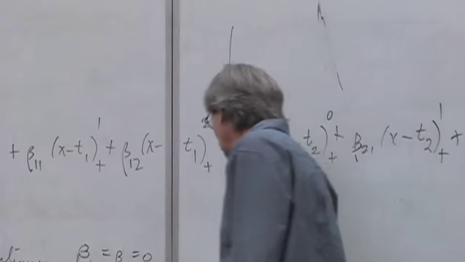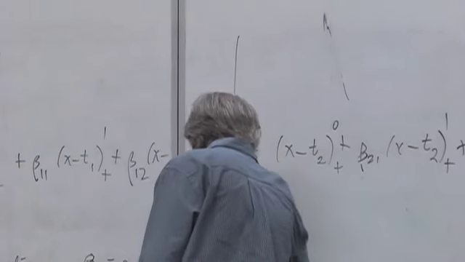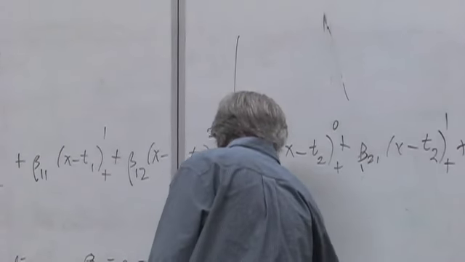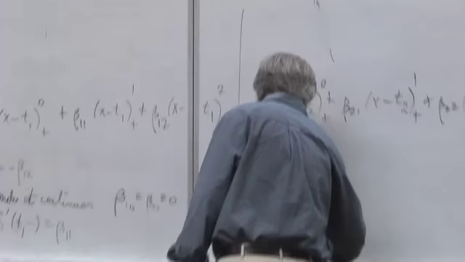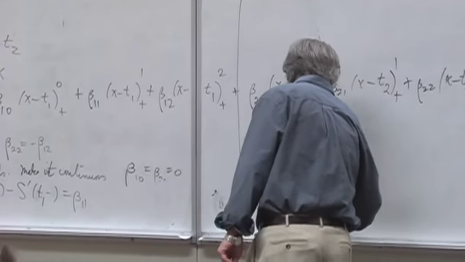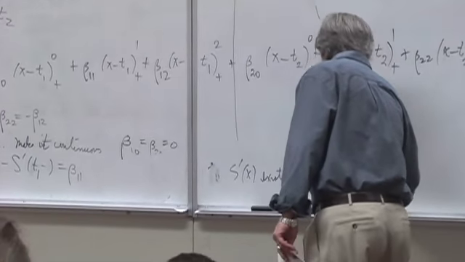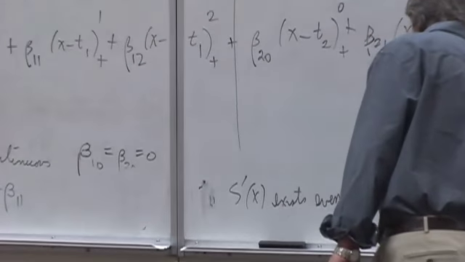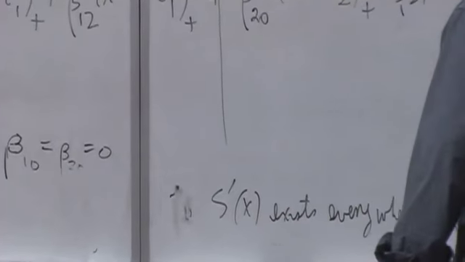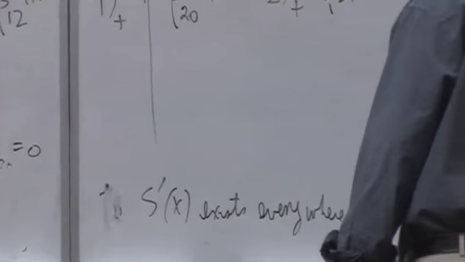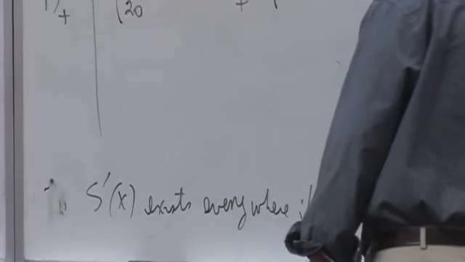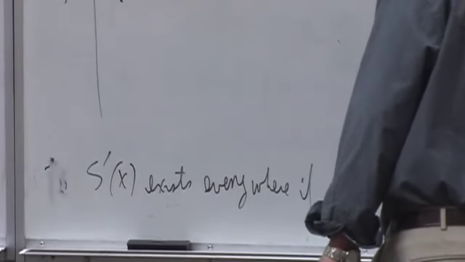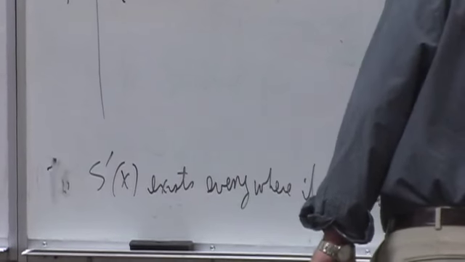So for part C, S prime of x exists everywhere if in addition beta 11 equals beta 21 equals 0.